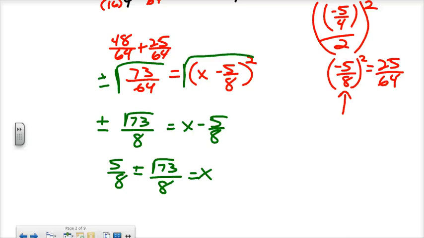And those come out to about 1.69 and about -0.44. And those solutions do work, both of those do. So this is one where we had to find another way. And you could use the quadratic formula instead of completing the square, but no matter what way you do it, you should get those answers as you work through it.